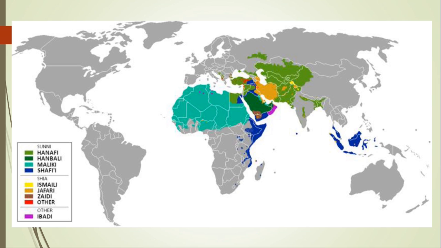So if you look at Ismaili, he is actually the great grandson of Rasulullah, Jafari, Zaidi. These names are all the bloodline of Rasulullah.